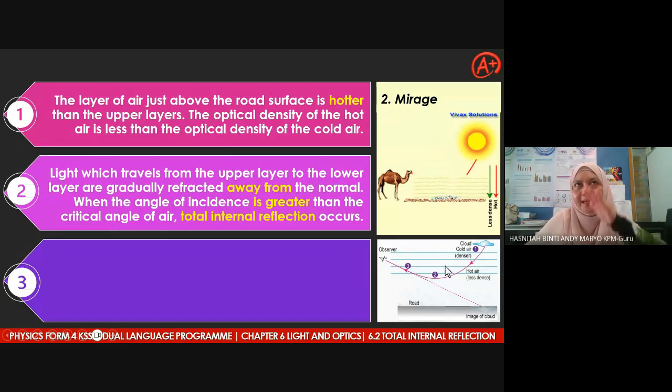From denser to less dense, so the light refracts away from the normal. The angle of incidence increases from layer to layer, so the angle of refraction will increase until it reaches one point where the angle of incidence is greater than the critical angle. Then by that time, total internal reflection occurs.